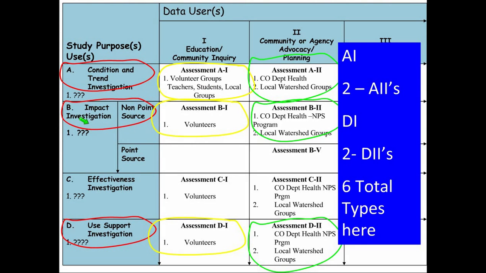Some of those are the Department of Health, when we give our data to the non-point source program, which is all about impact investigation as well as effectiveness monitoring. And then because we're using this data in the Clean Water Act, we are doing Clean Water Act use assessment. But what we communicate to the volunteers about that is really different than what we communicate to these other user groups. So if those examples help you, go for it.